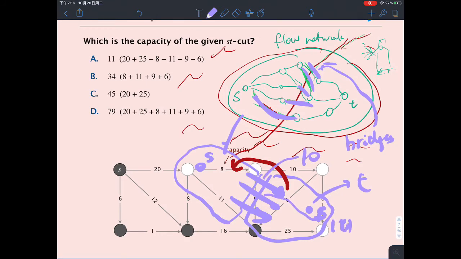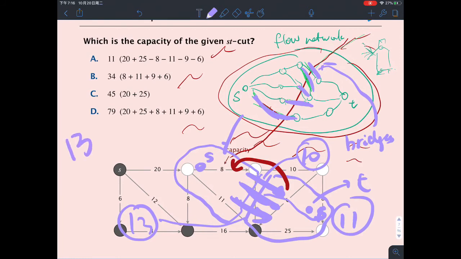If I count the capacity sum of all the bridges, say this is 10, this is 11, sorry, this is 11, this is 13. If I have three big bridges with these capacity limits, that means in total I can transport 13 plus 10 plus 11 water from left to right.